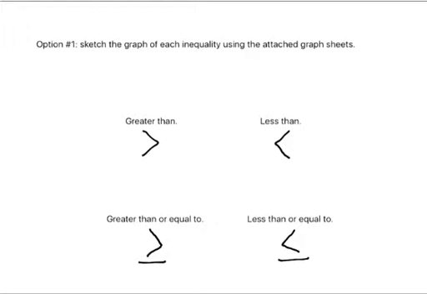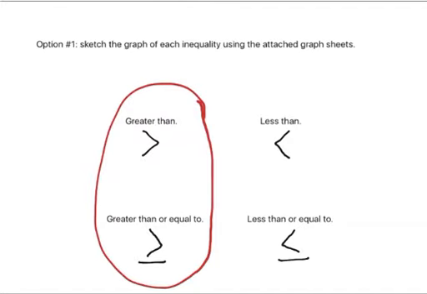These inequalities are very important. They tell us 2 different things. They tell us where to shade and how to draw our line. So let's look at where to shade. If I am looking at these greater than symbols right here, if my inequality is a greater than symbol, I will need to shade above my line.